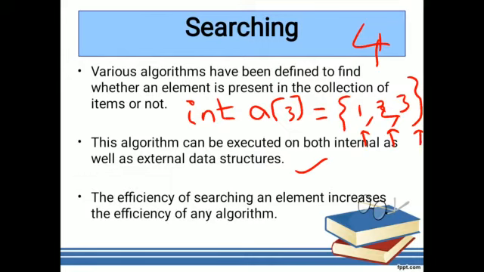For example, if you want to perform an addition or union operation on two sets, you need to take an element from set 1 and an element from set 2.